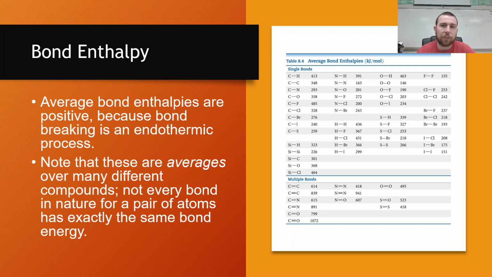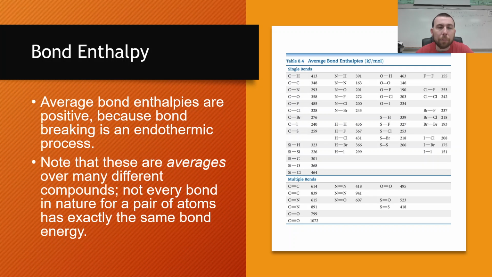Maybe in one substance the carbon-hydrogen bond has a bond enthalpy of 413, and in another that energy is slightly higher or slightly lower. So just recognize it's an average. Each individual substance might have its own unique bond enthalpy, but these averages put us in the ballpark to help us estimate the enthalpy of a reaction.